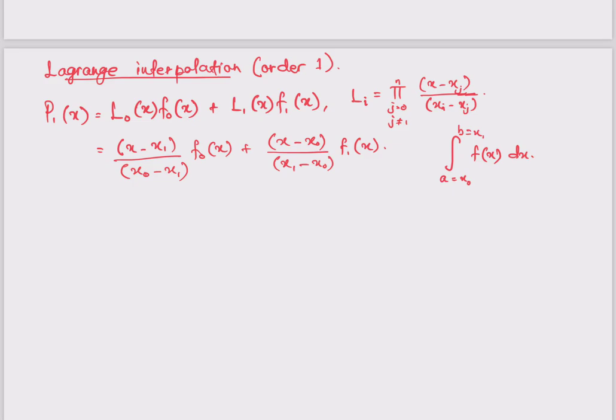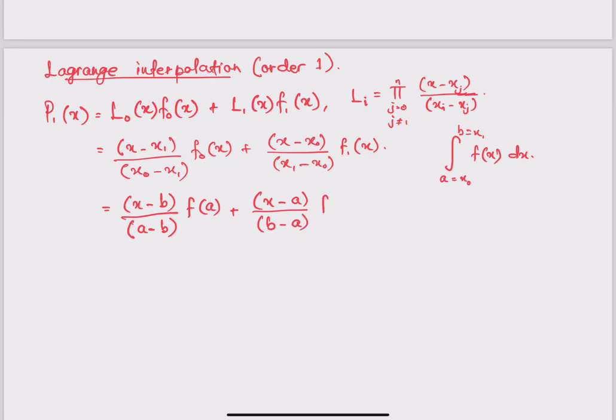We know that x1 is equal to b, so you just substitute (x minus b) divided by (a minus b) times f(a), plus (x minus a) divided by (b minus a) times f(b).